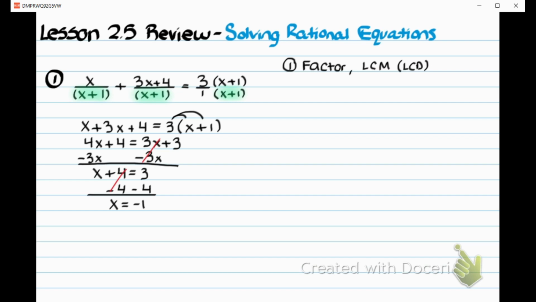Hopefully you got that x is equal to -1, but you're not done. The most important part is that we have to check it.